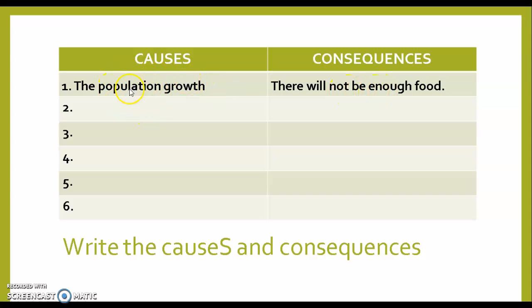So, when the population grows is a cause. What is the effect? There will not be enough food. So you have to read once again the complete reading and write or identify the causes and the consequences of this big problem.